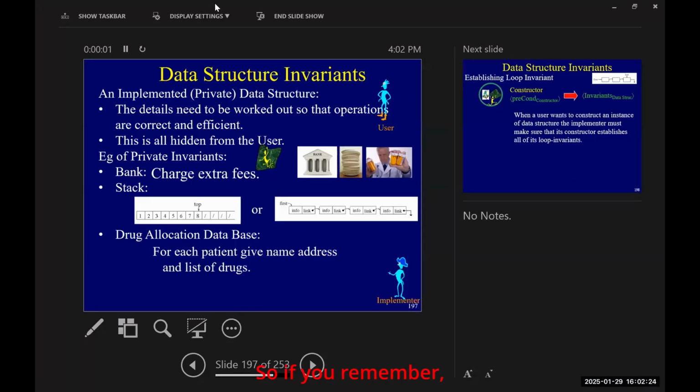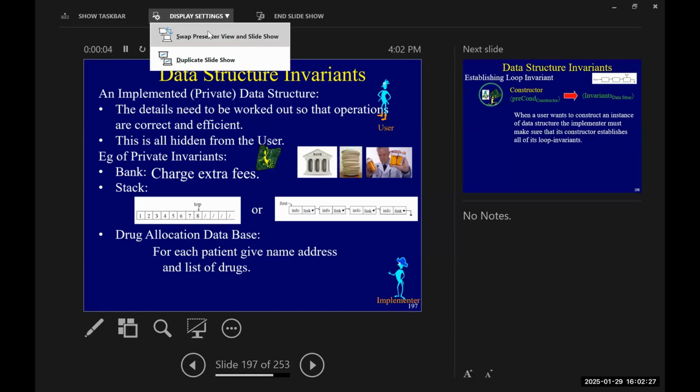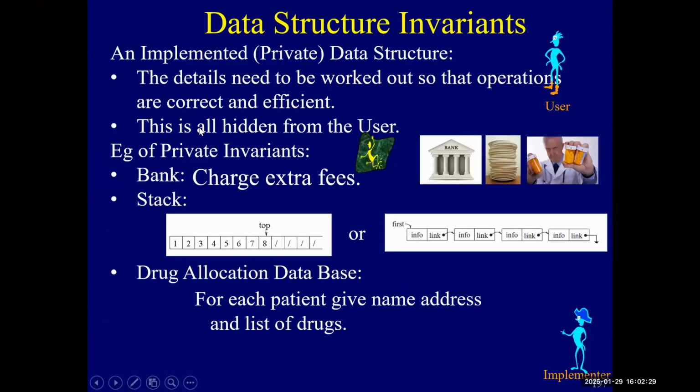So if you remember, our data structure is going to have things that are hidden. The public statement about a stack is that you stack up plates and you put things on top, right? That's what the outside world knows. But inside, we're going to have various invariants.